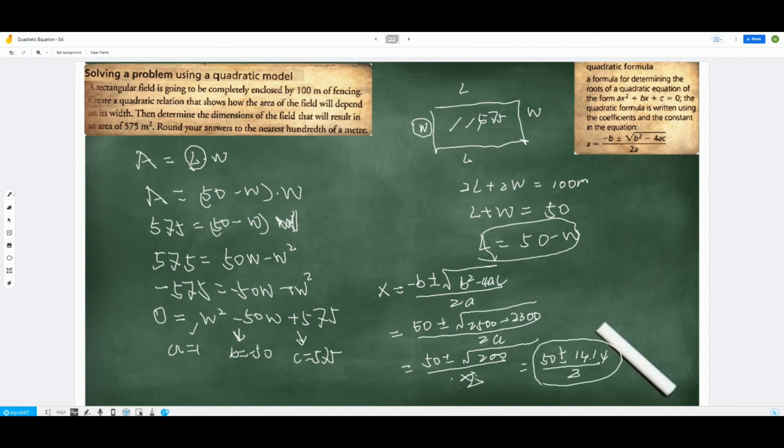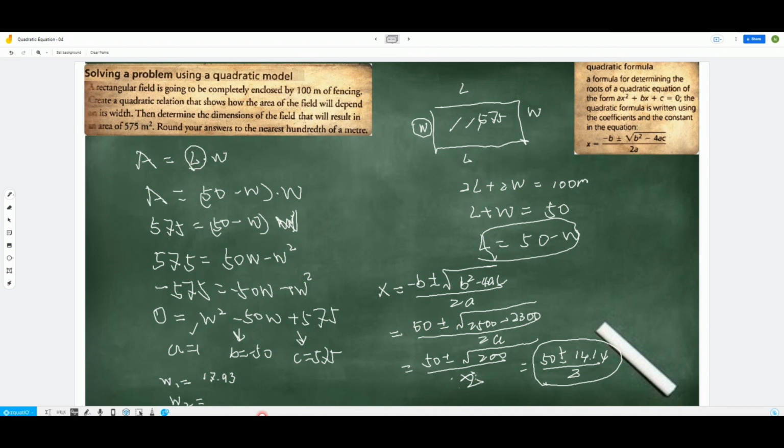Here there are two values. W1, taking the plus or minus, is 50 minus 14.14 divided by 2, which I already calculated is 17.93. And W2, taking the other sign, is 50 plus 14.14 divided by 2.